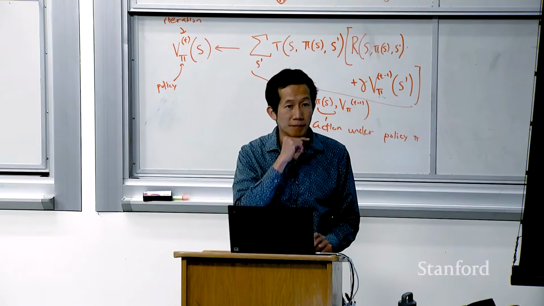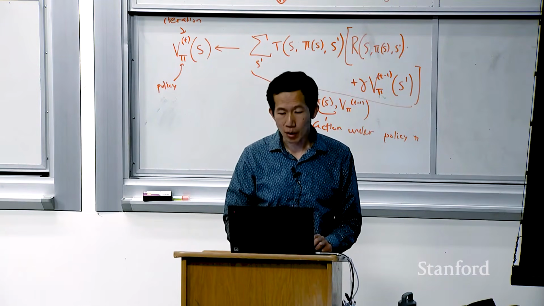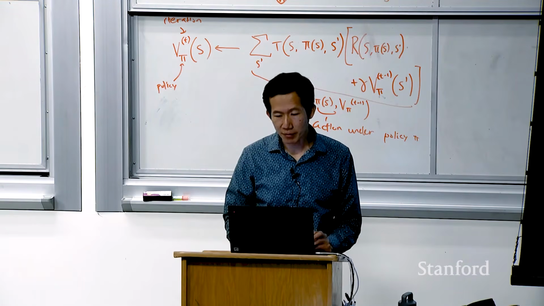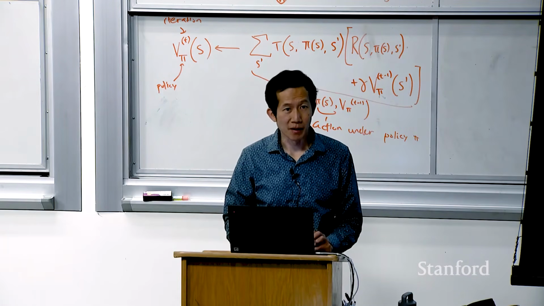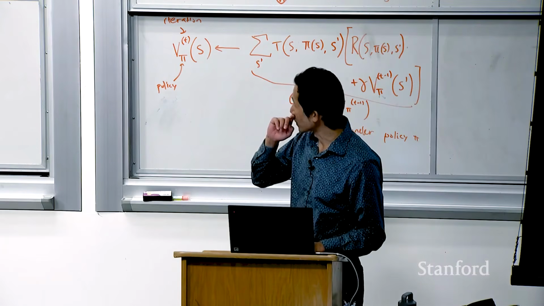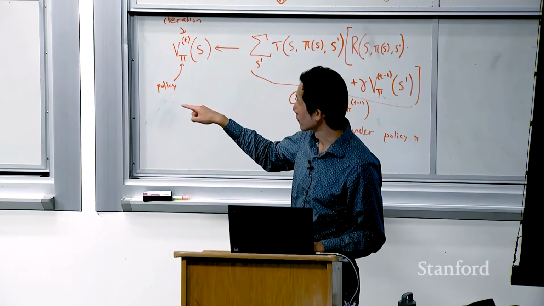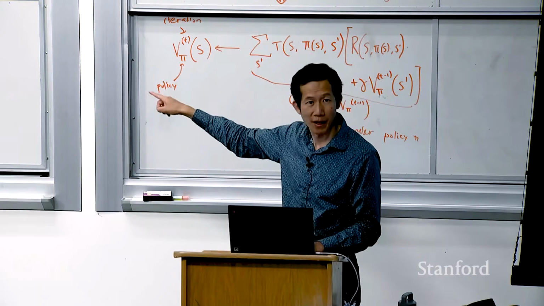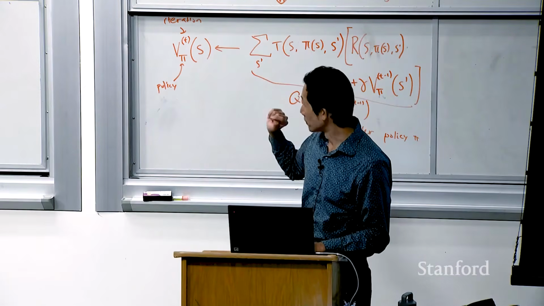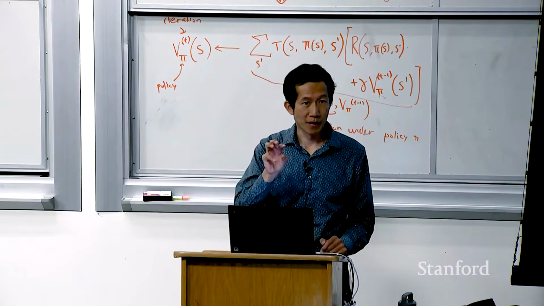Yeah. So the resulting optimal policy is always deterministic? So the question is, is the resulting policy always deterministic? And the answer for MDPs is yes. The reason is that if you take a max, the value is just a max over A, so you can always obtain the max through some point.